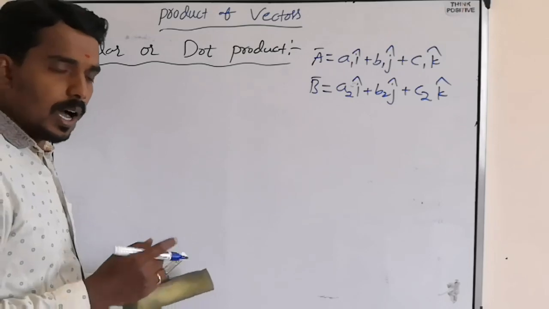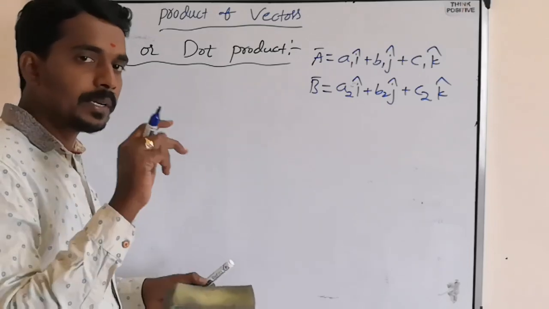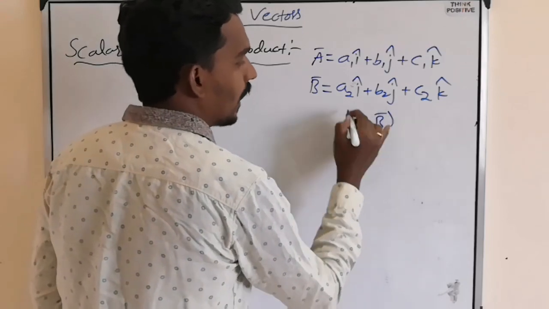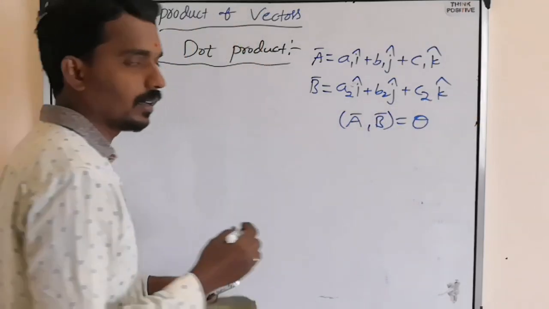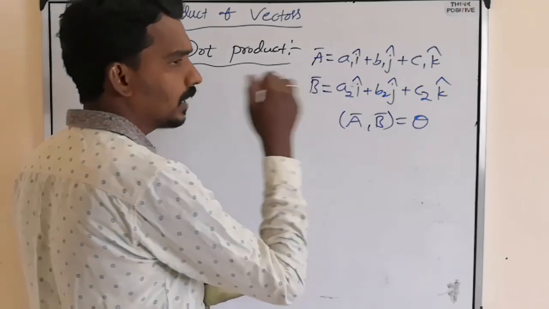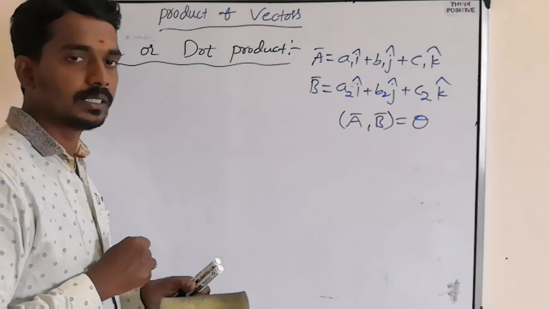And we already discussed that between any two vectors there is always an angle between them, let's say theta.